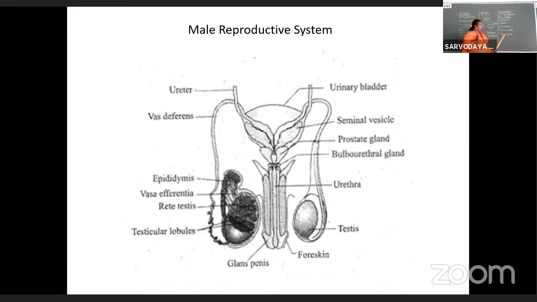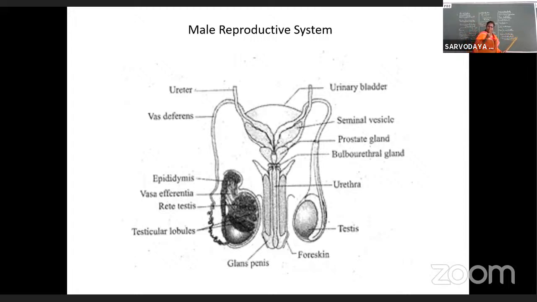Now remember, when it opens into the urethra, it is opening as the ejaculatory duct. To this ejaculatory duct, the duct from the seminal vesicle also opens. We all know that the urinary bladder is a sac-like structure which stores the urine.